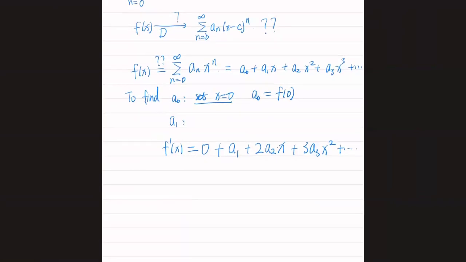Okay, now Sakina, how do I find a1? Okay, very good. That's the key. Okay, Sophia, next one. How do we find a2?